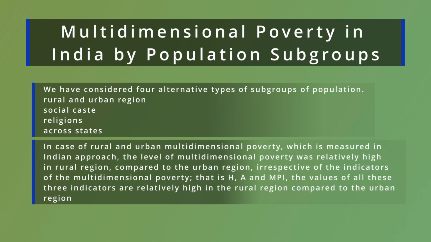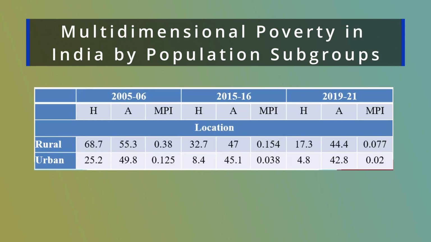In case of rural and urban multidimensional poverty, measured in the Indian approach, the level of multidimensional poverty was relatively high in the rural region compared to the urban region, irrespective of the indicators. That is, H, A and MPI, the values of all these three indicators are relatively high in the rural region compared to the urban region. Here is the estimated value of multidimensional poverty in rural and urban India in these three years.